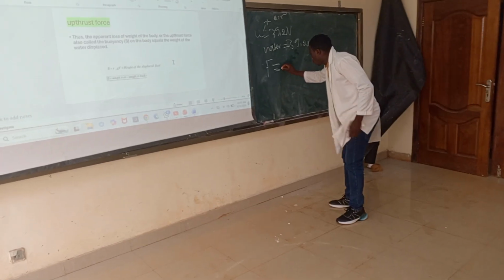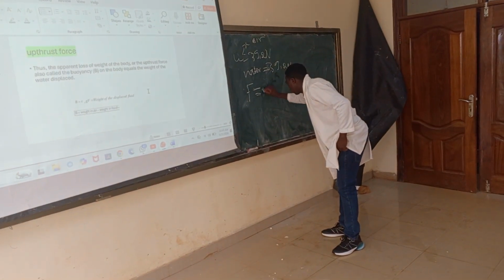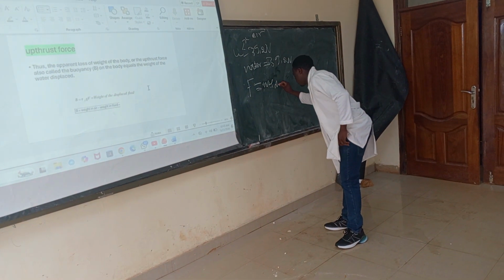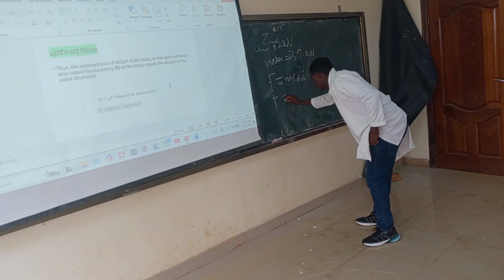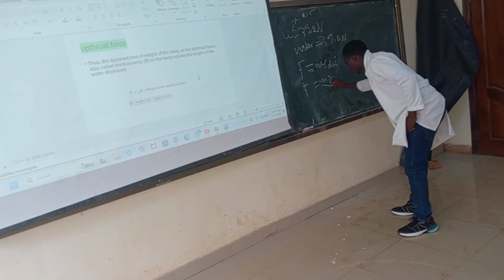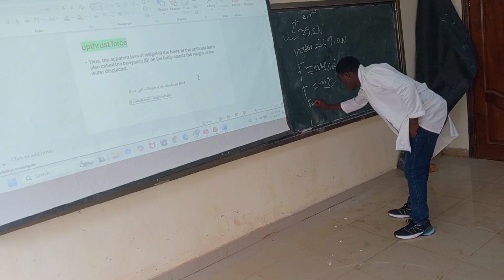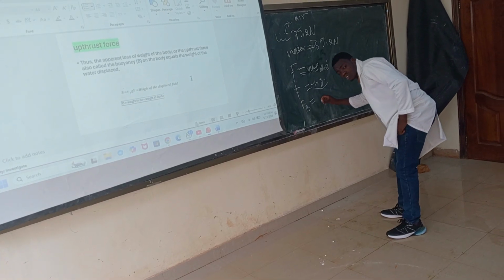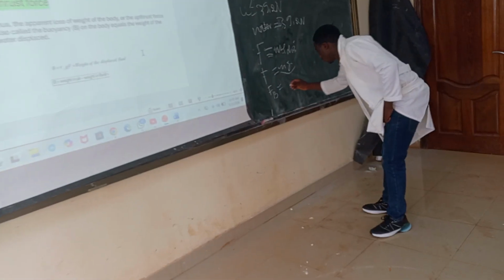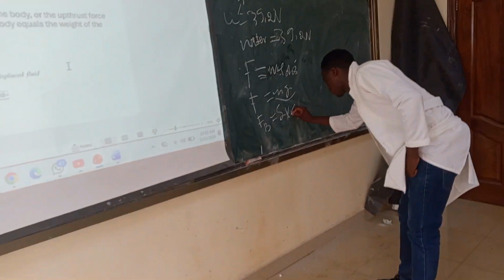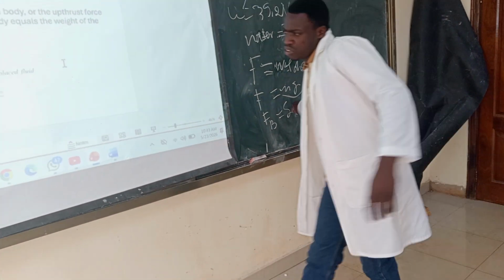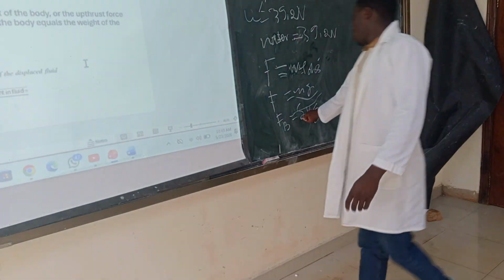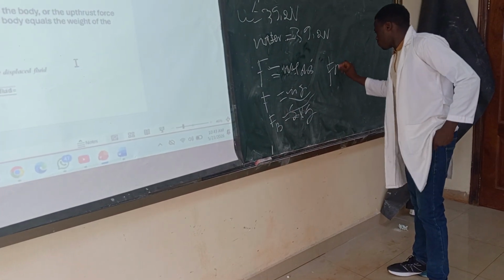And then buoyant force is equal to mg, the weight of water displaced. Meaning buoyant force is equal to mass times g, where mass is density times volume of water displaced. You can use this formula.